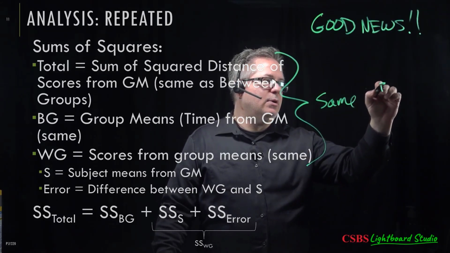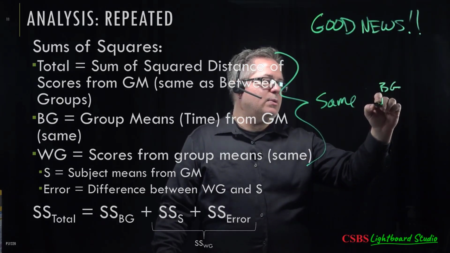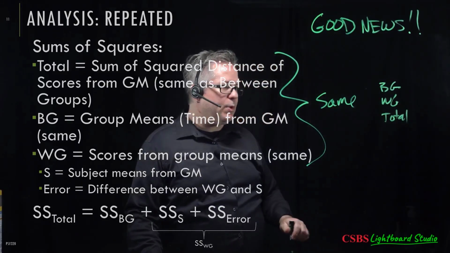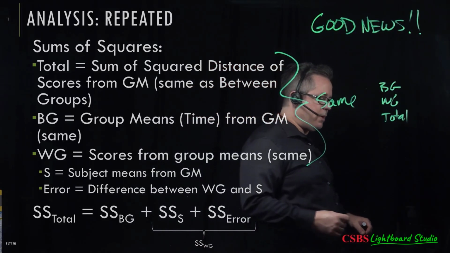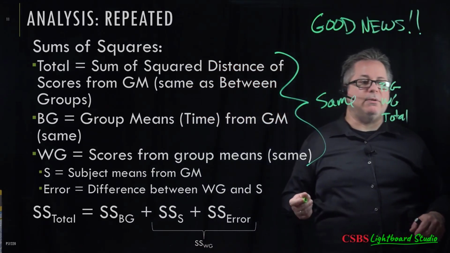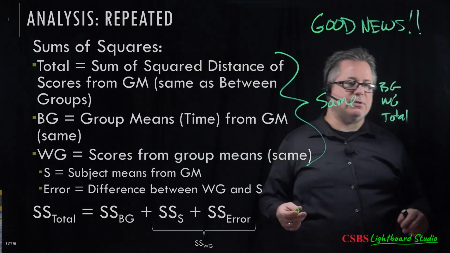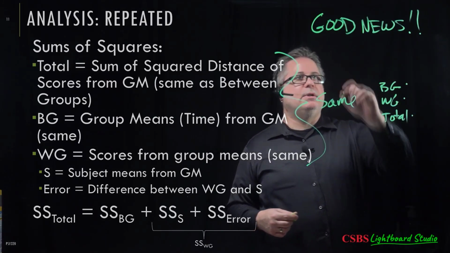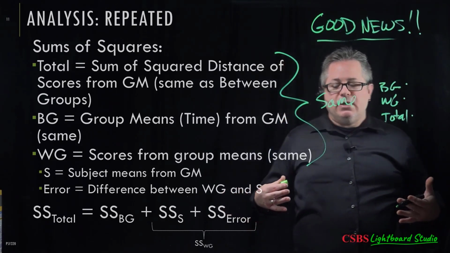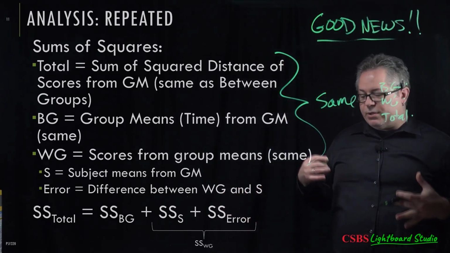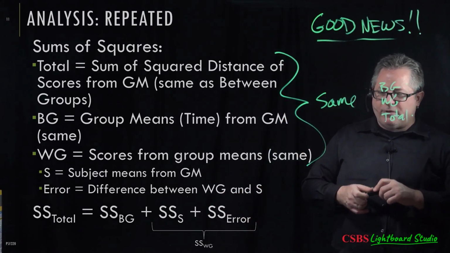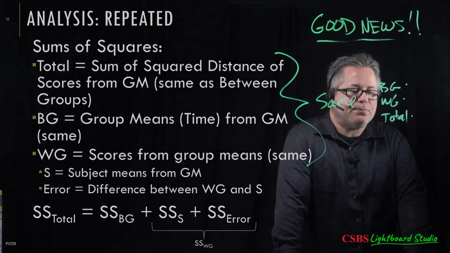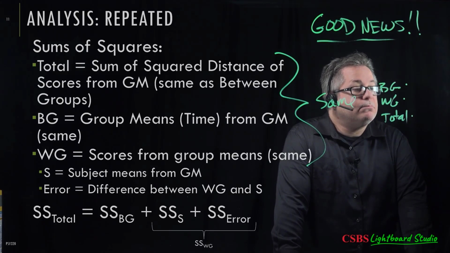So between groups, within groups, and total are all the same whether you're doing a one-way between or one-way repeated measures. They're exactly the same. There's no difference. So we're still going to find these three things the same way we did before. Those things are not new. Once you get them down from a one-way between groups ANOVA, they're the same here.